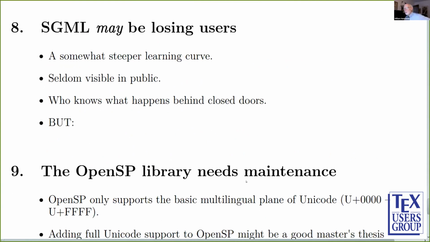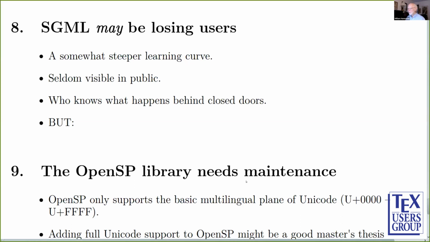SGML may be losing users. It's hard to know. SGML was banned for public use with the dawn of XML. So it's not seen very much in public anymore. There's a somewhat steeper learning curve with SGML. For example, we all know that XML uses pointy brackets for markup.